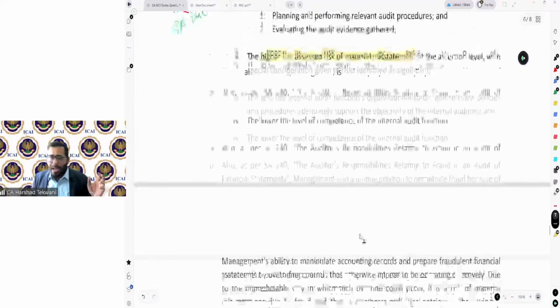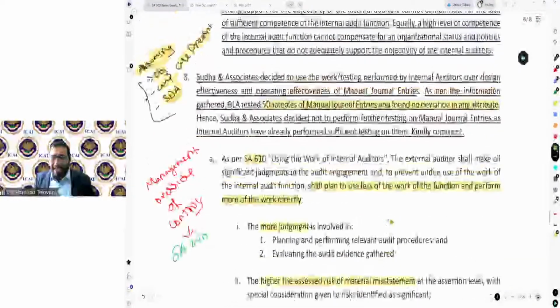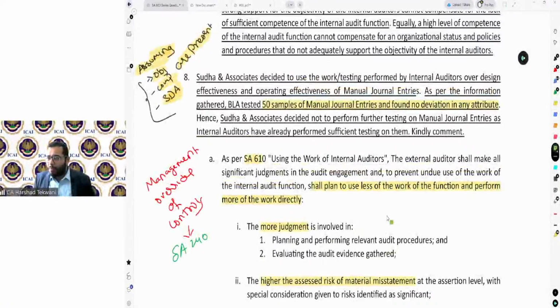Irrespective of what I do, I need to test because SA 240 requires it, since it's a significant area where there's a risk of management override of controls. Hence, I cannot rely upon the work performed by the internal auditor where the area is of significant risk. Clear?